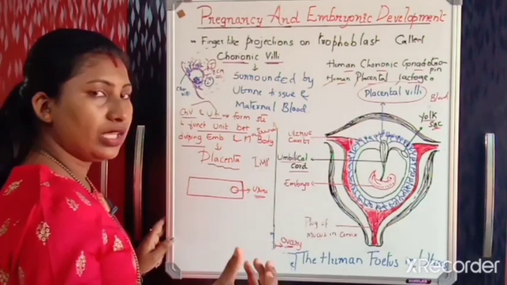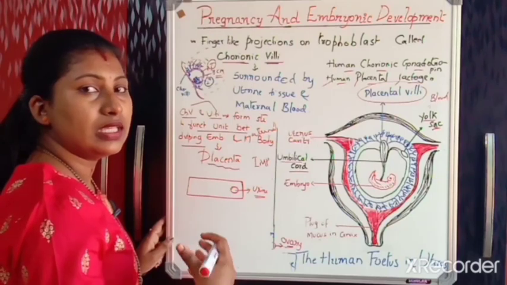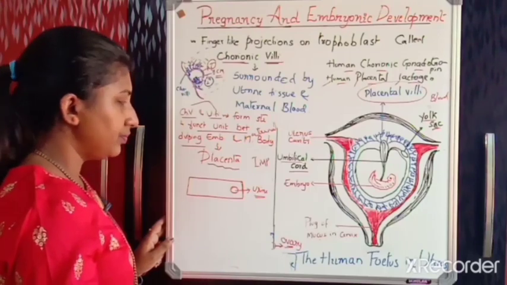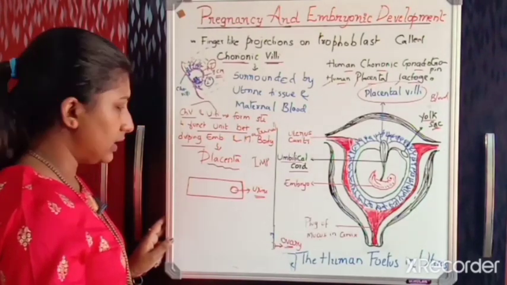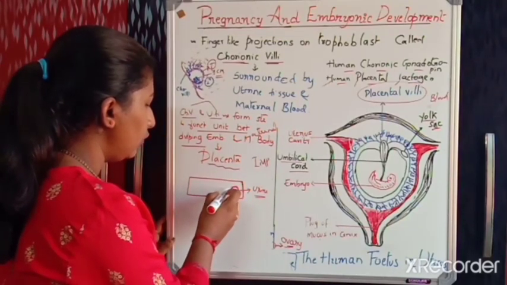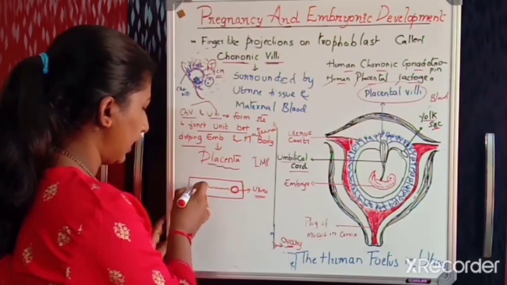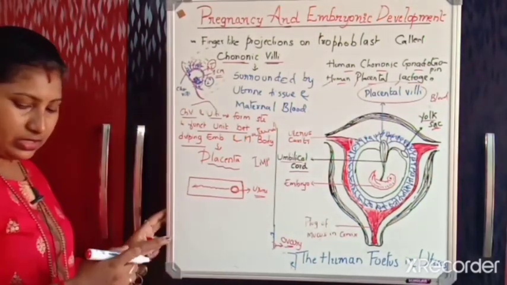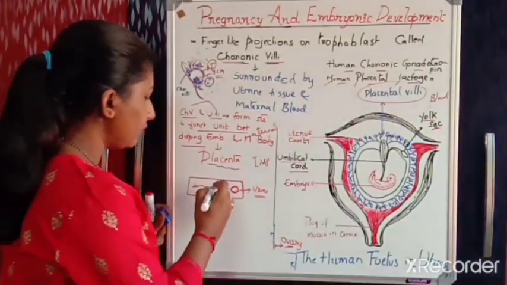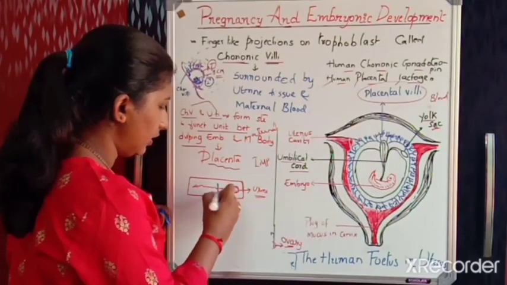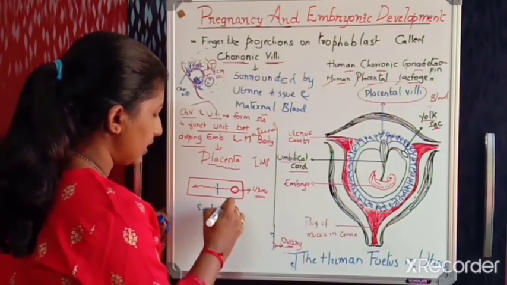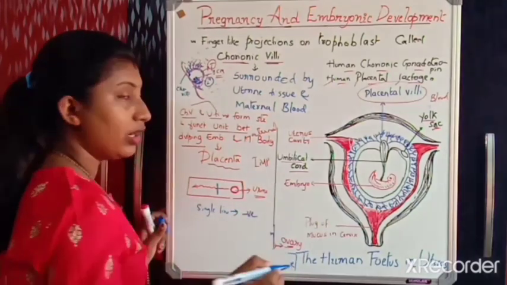Why? Because if you take concentrated urine, the pregnancy result will be appropriate, or else you may get wrong results. Now when you add the urine here, the urine will be absorbed by this membrane and travels in this direction. While traveling, if you find a single line over here, that means negative for pregnancy.